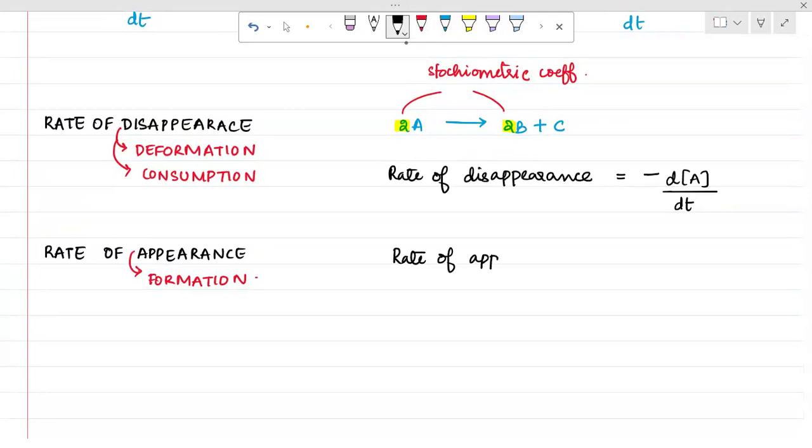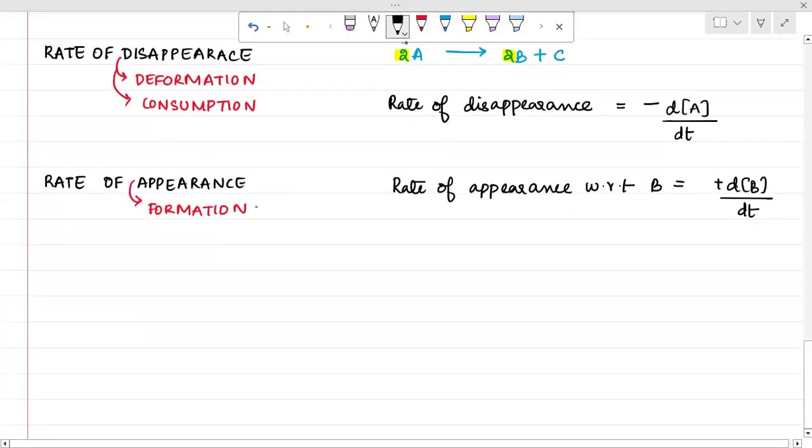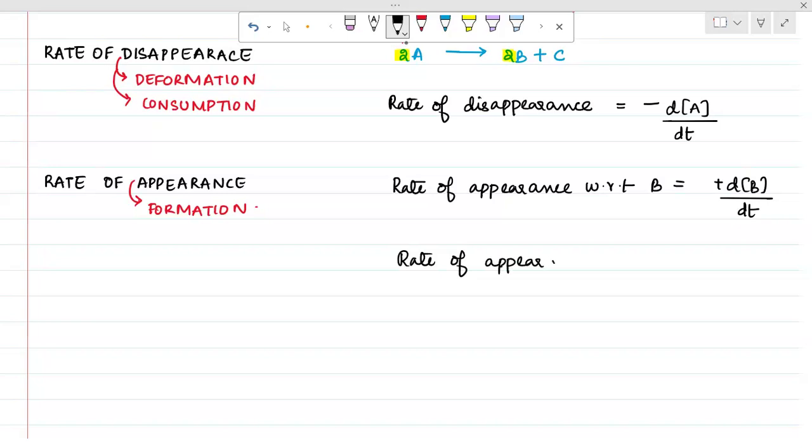So rate of appearance with respect to B, which is one among the products, you ignore the stoichiometric coefficient. Do not take that into consideration. It's simply changes of concentration of B with time. That's it. You have one more product. Rate of appearance with respect to C is very simply concentration changes of the product C with time. That's all.